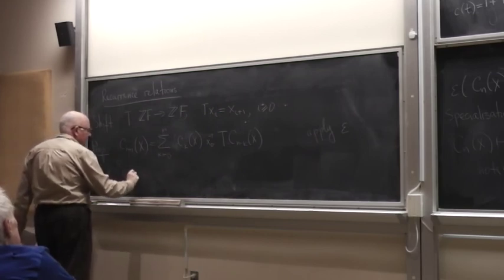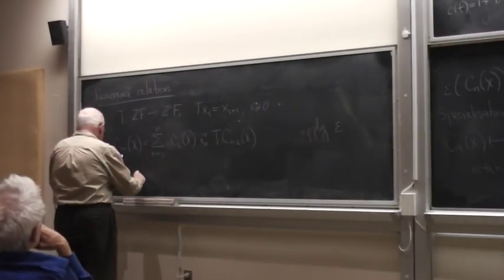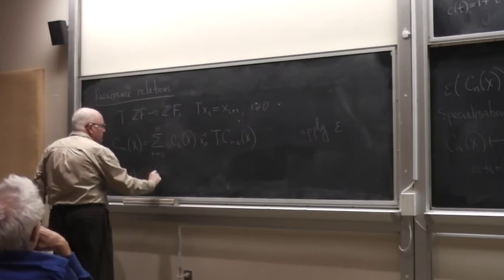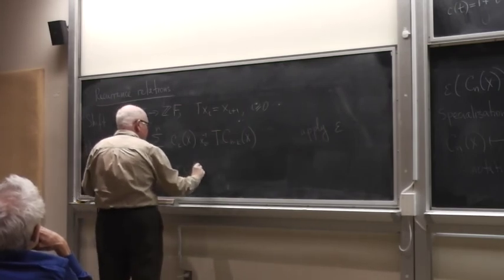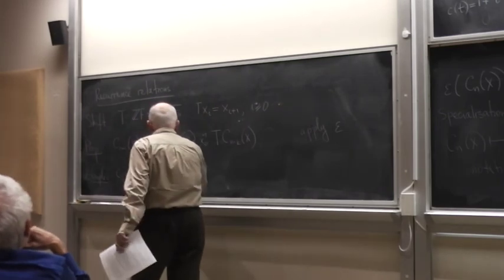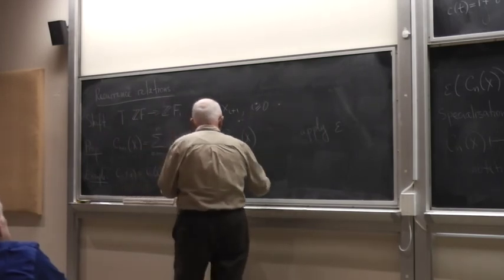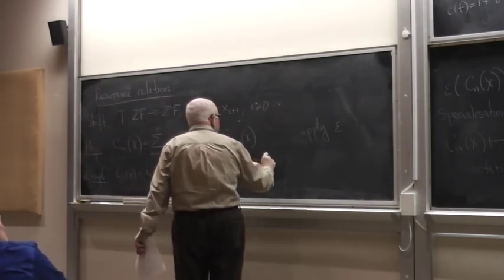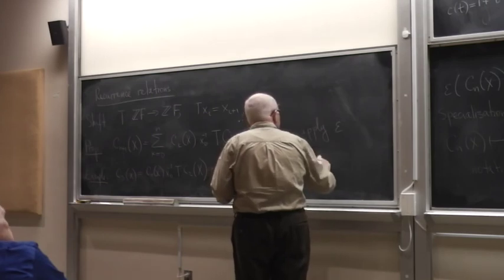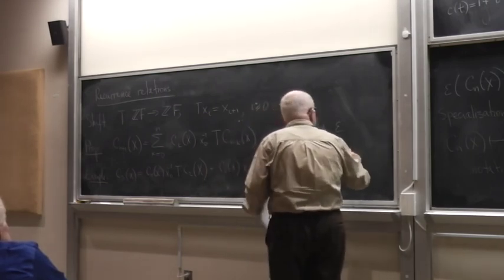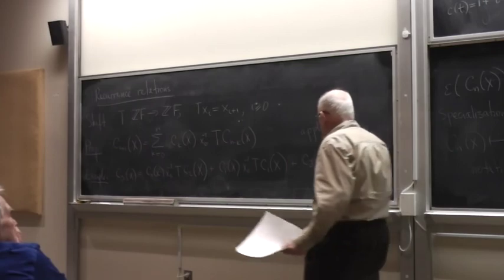Let's take C3 of x and compute this. C3 will be equal to C naught x, x naught inverse, C2 x shifted, plus C1 x, x naught inverse, C1 x shifted, plus C2 x, x naught inverse, C naught x shifted.